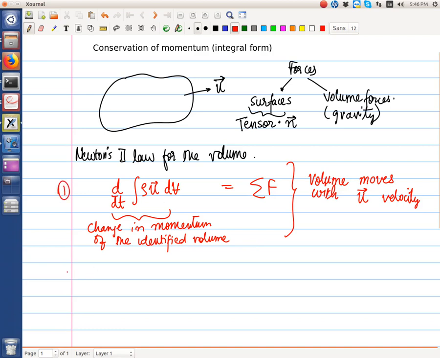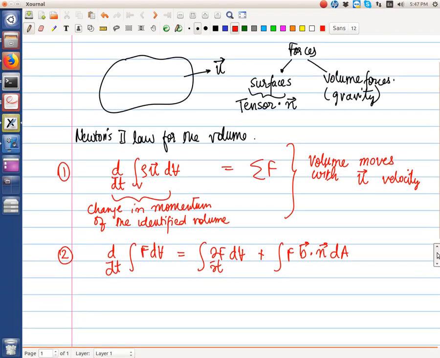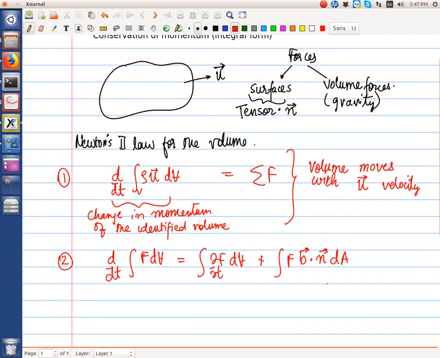Reynolds transport theorem in general says d/dt of the integral of f dV is equal to the integral of del f/del t dV plus the integral of f (u minus u_b) dot n dA. Here u_b is some arbitrary velocity and is not equal to u in general.